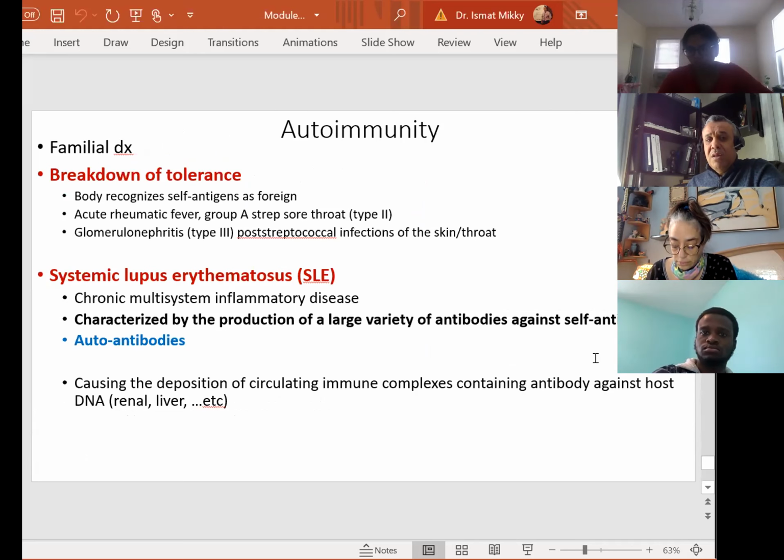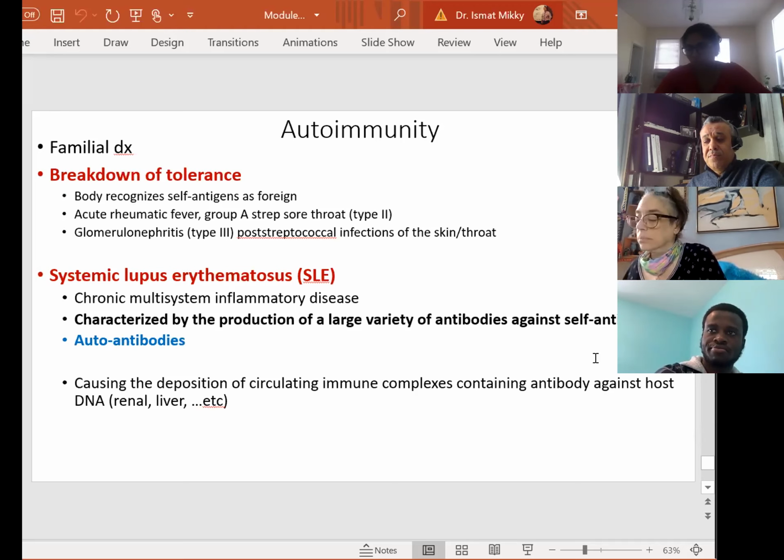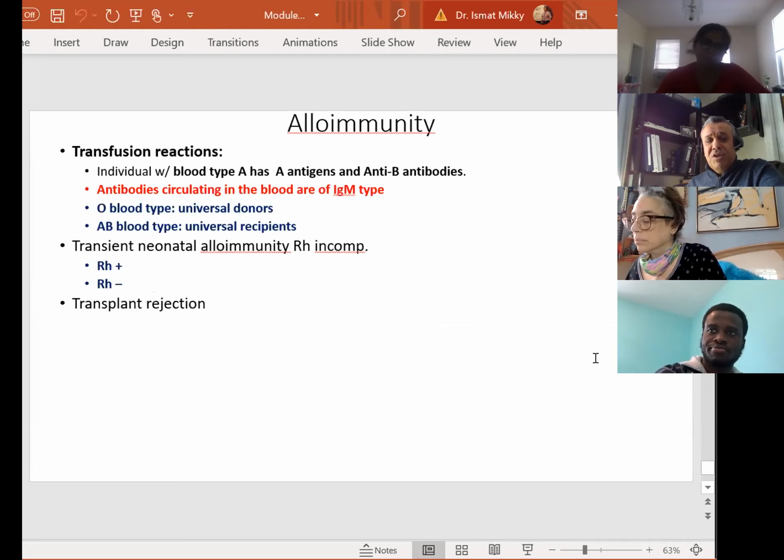Then that's when the autoimmune disease is going to elicit the immune response and attack its own cells. And SLE is an example of that. And the alloimmunity, we said examples of that would be transfusion reactions.